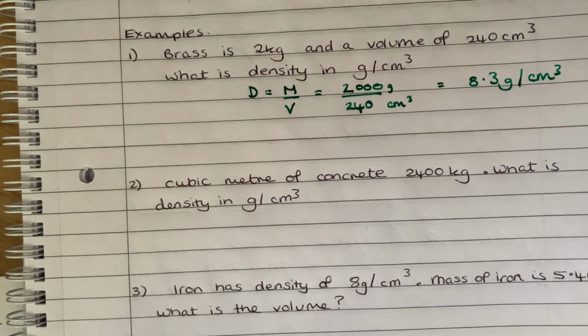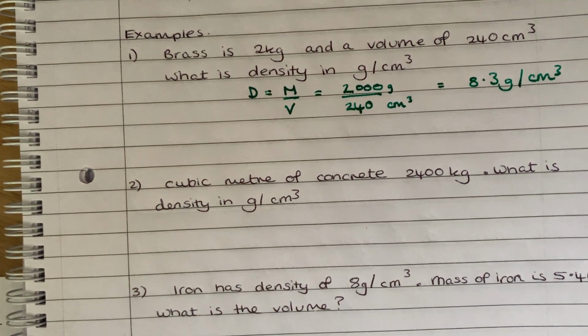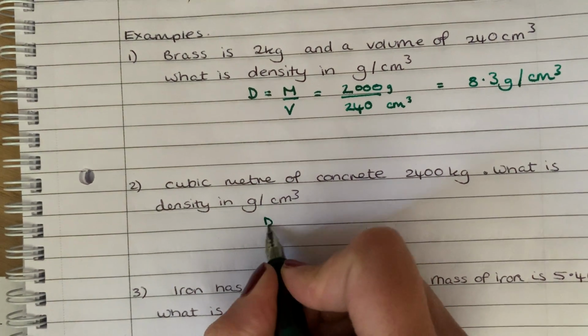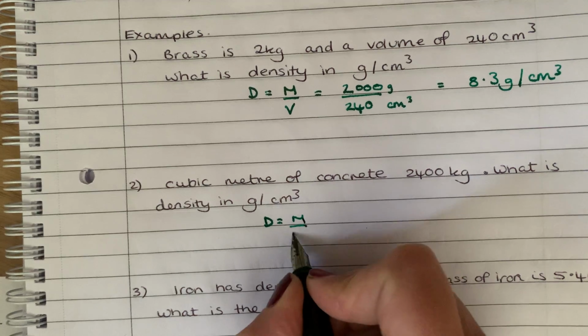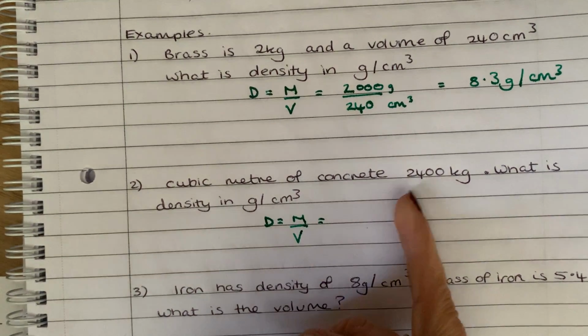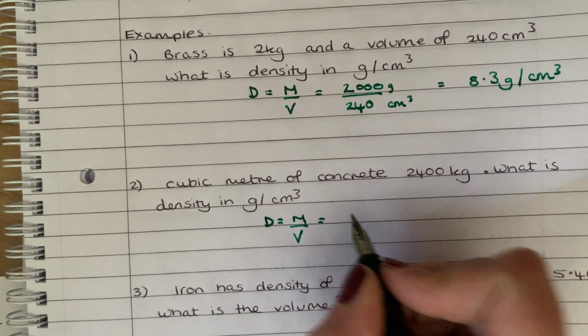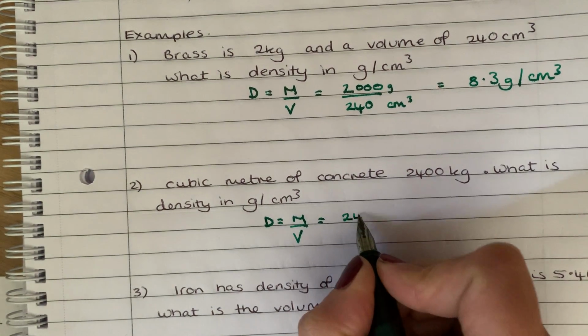Question 2. A cubic metre of concrete weighs 2,400 kilograms. What's the density in grams per centimetre cube? Again, we need to do those conversions. Density is mass over volume. I want it in grams and I've got it in kilograms, so I put it into grams by multiplying by 1,000.